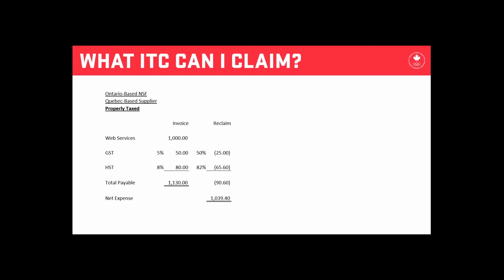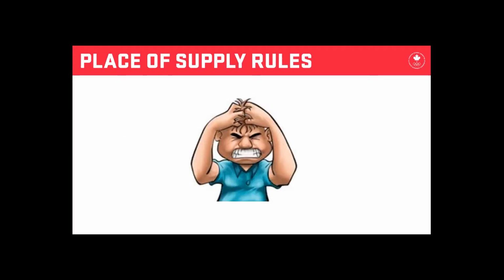You then get to reclaim, as we just covered, 50% of the GST and 82% of the HST for a total input tax credit of $90.60, leaving you with an expense of just $1,040. Again, we're going to come back to that later. I just put it there as reference should you be sharing this deck with somebody who may be new to this area. Okay, Dave?